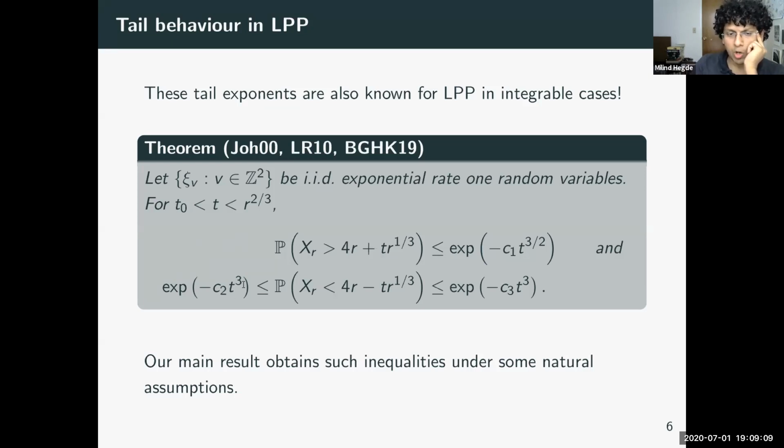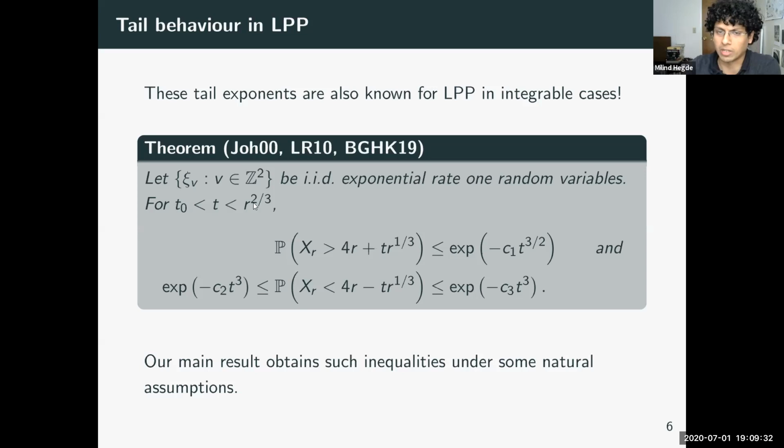And this lower bound on the lower tail they say would not be obtainable by their methods, and that was proved last year by Riddhi Basu, Shirshendu Ganguly, myself, and Manjunath Krishnapur. And one thing to note here is that these inequalities only hold up till r to the 2/3. They don't hold all the way for the entire tail.